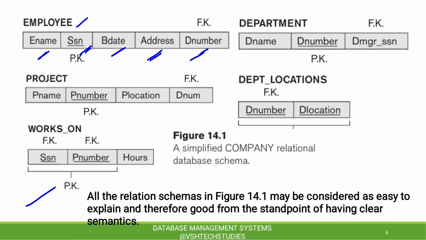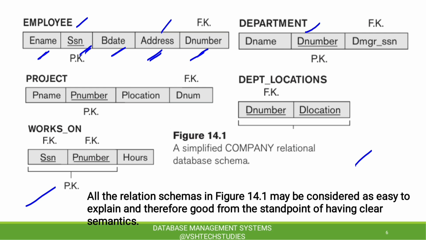So in this relation schema, only attributes related to one entity type are grouped. Hence it is easy to explain the meaning of attributes in this relation schema. Similarly, in all other relation schemas, it is easy to explain the meaning of attributes because they group the attributes belonging to only one entity type or one relationship type.